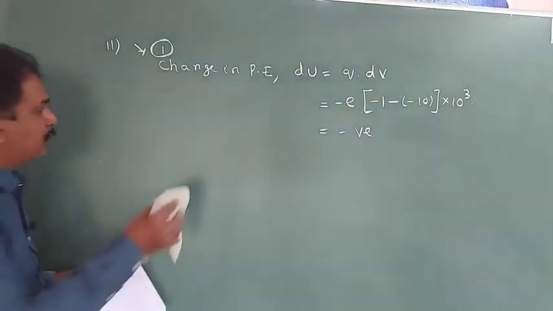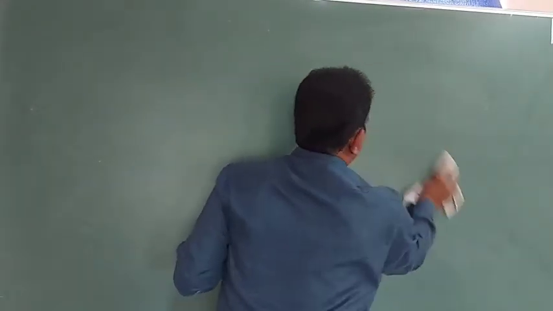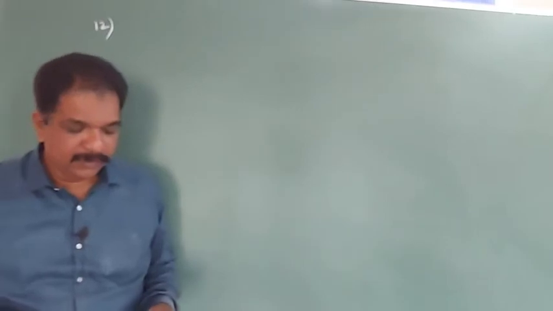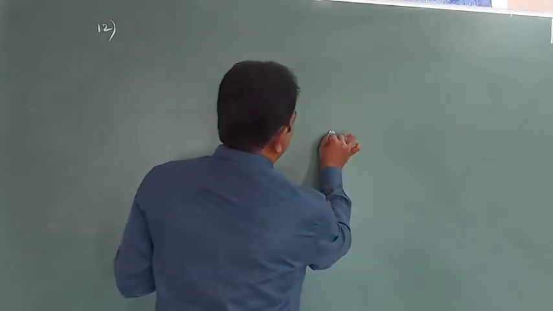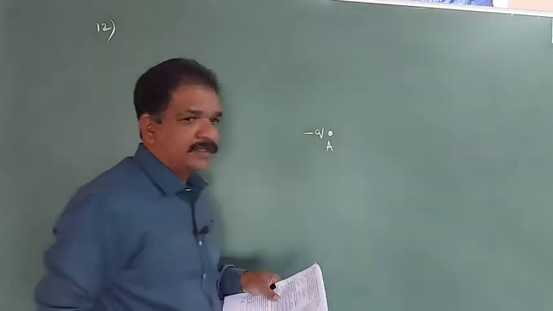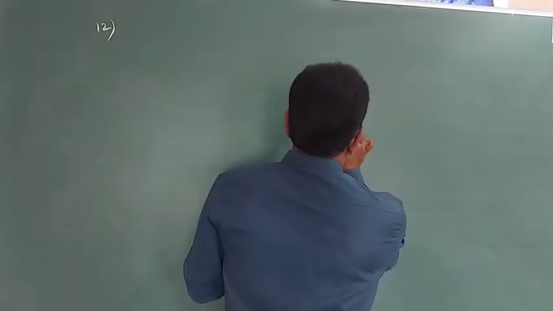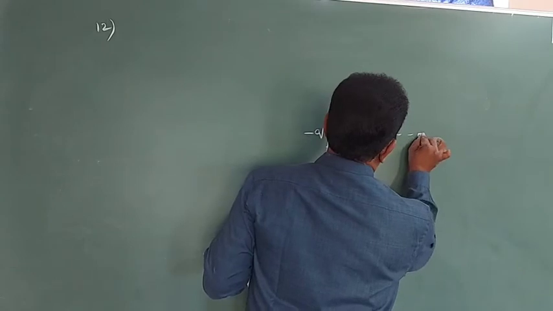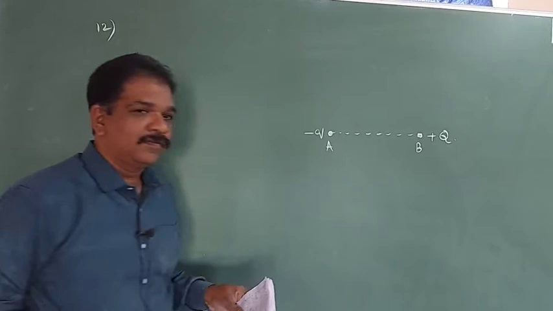Okay, so it is a simple question only. See question number 12, what they are asking. At the point A, a charge minus Q is there. At the point B, a charge plus Q is there.